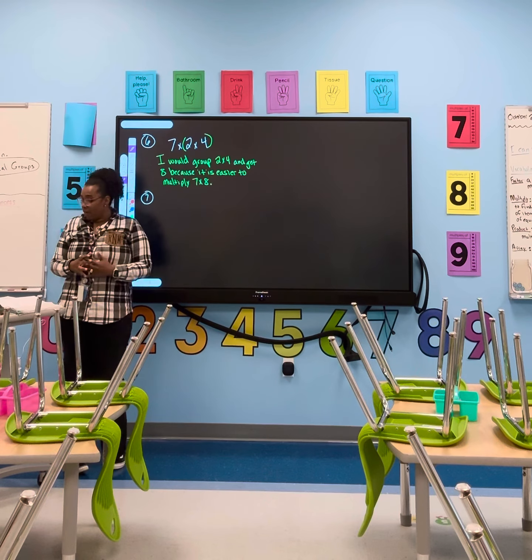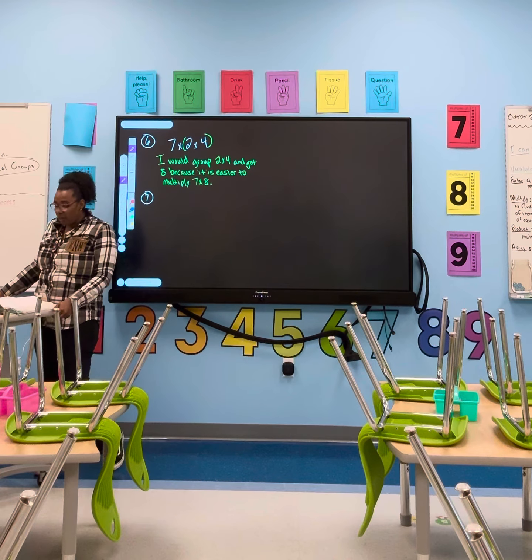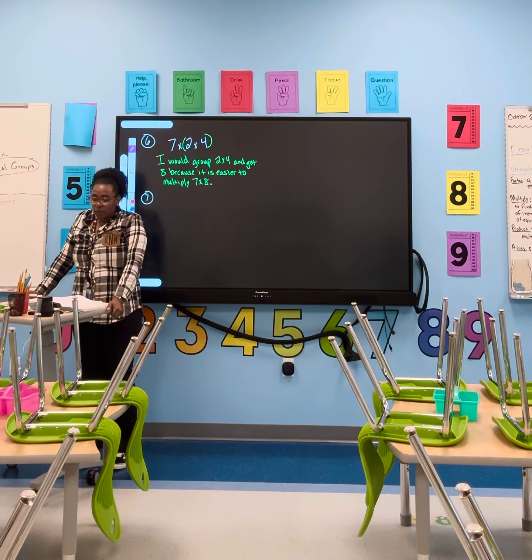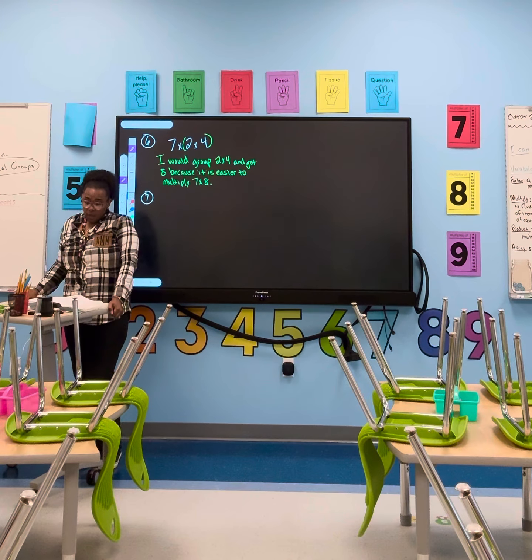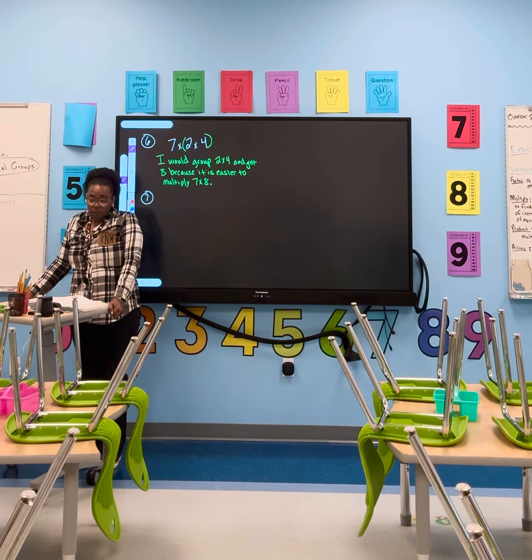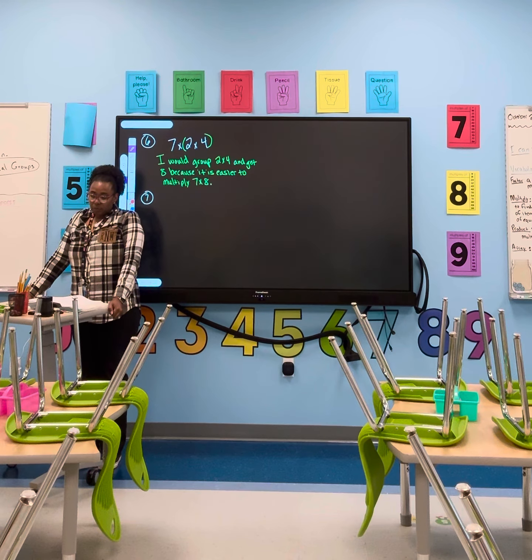So for number 7, it says, Addison and Claire choose different ways to multiply 4 times 5 times 3. Addison grouped the numbers like this, 4 times, and then in parentheses, 5 times 3. She found 5 times 3 equals 15.